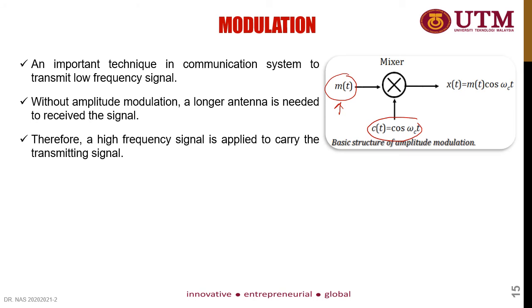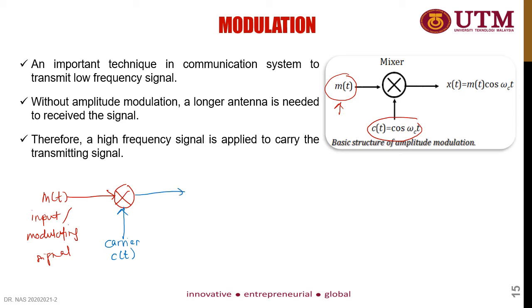So for a complete communication system, for example, you have an input signal m(t). This is the input, also known as the modulating signal. The input signal will modulate the carrier signal c(t) in order to get the output signal, in this case x(t).